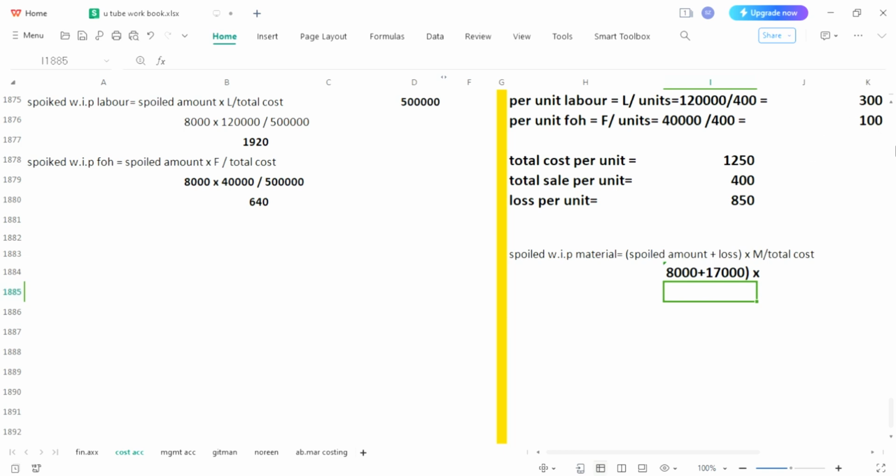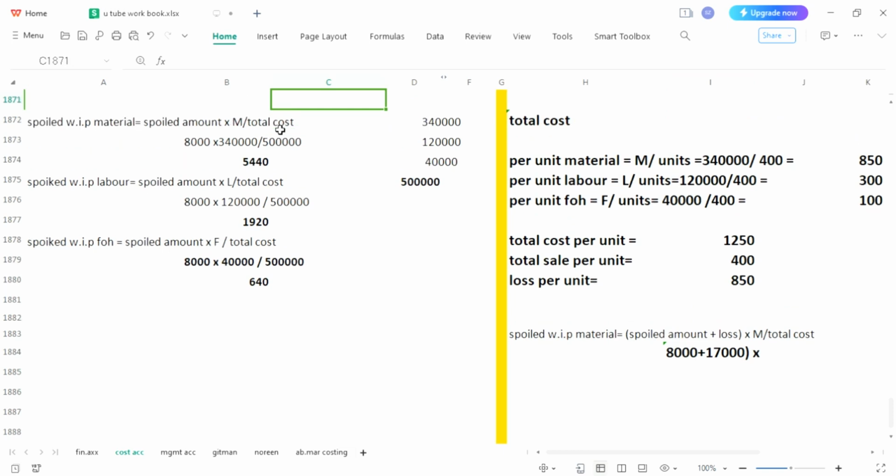You need to multiply capital M divided by cost, and that's what you have written over here. This was your cost of material and this was total. Same, 340 divided by 5 lakh. You will be putting the same over here. 340,000, and it would be divided by 5 lakh.